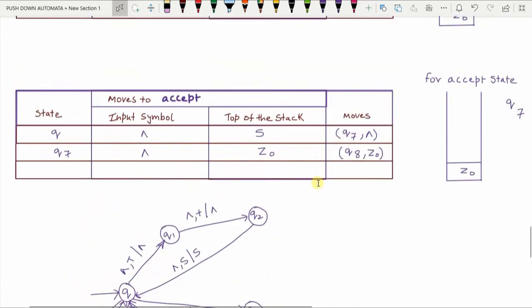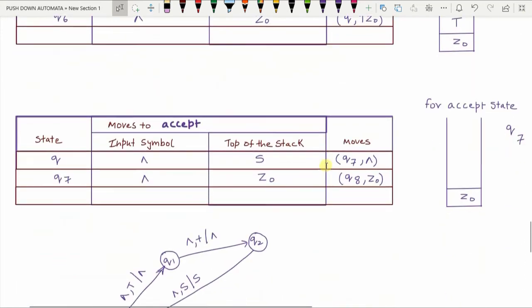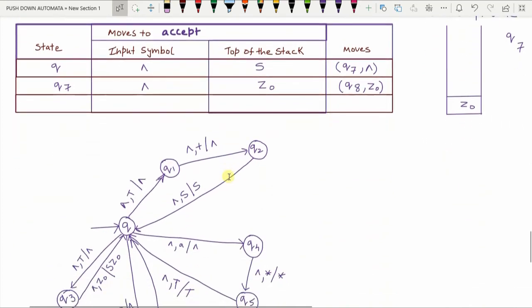So up till Q6 we have designed, no? And finally for the accept state, this is the last one. From Q you are going to Q7 state by reading null, S is on top of the stack, and you are popping that S out.